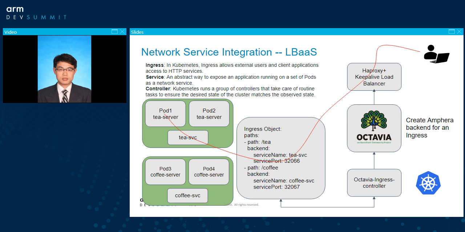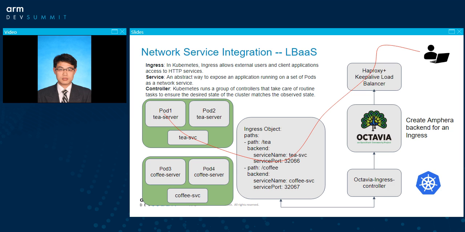The service concept is an abstract way to expose an application running on a pod as a network service. And then the controller: Kubernetes runs a group of controllers that take care of routine tasks and ensure the desired state of the cluster matches the observed state. So actually all our logic lands in the controller.